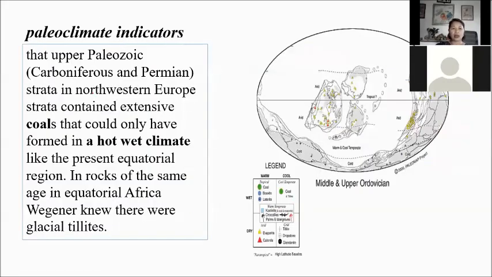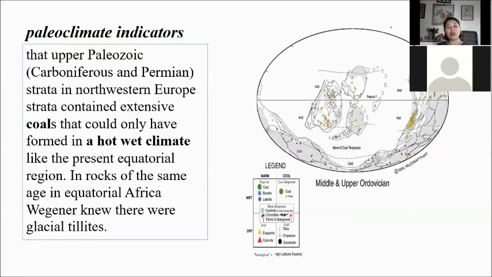Another is that we have the paleoclimate indicator. So that Upper Paleozoic, Carboniferous, and Permian, where Carboniferous is the fifth period of the Paleozoic era, or the systems of rocks deposited during it.